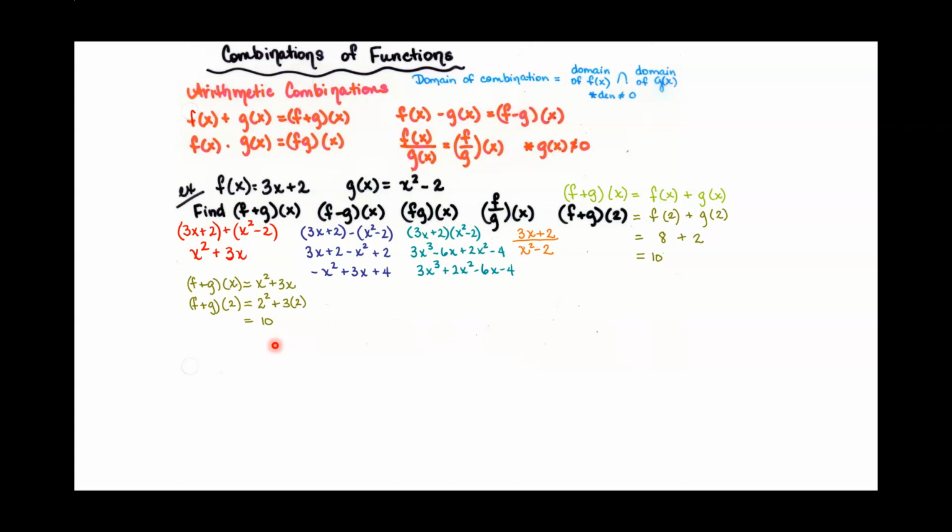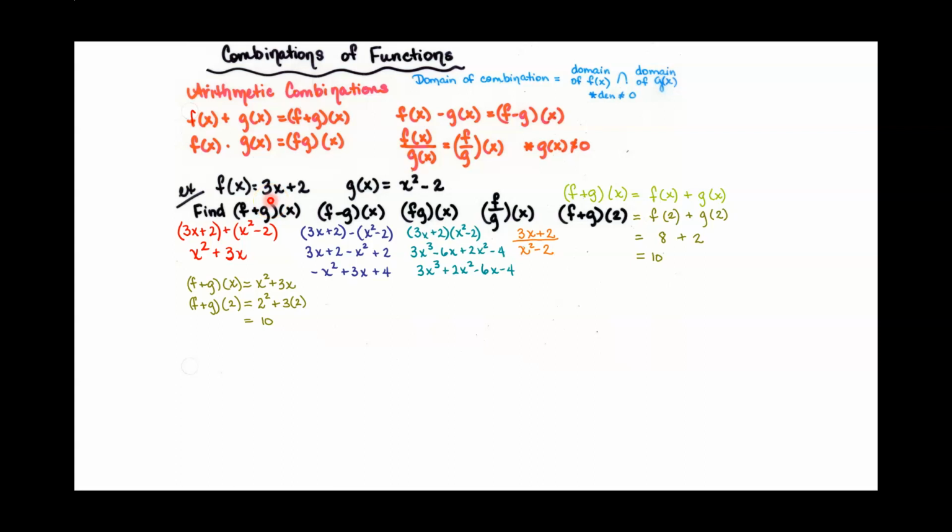So to find the domain of the combination, you're going to find the domain of the first function and the domain of the second function and see where they intersect. They both have to exist in order for the combination to exist. So I find the domain of the two separate functions, see where they overlap, and that's going to be the domain of my combination. So let's look at f of x. F of x is a polynomial.